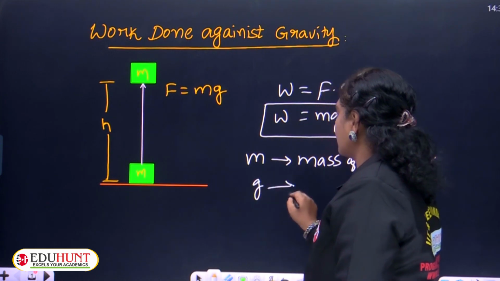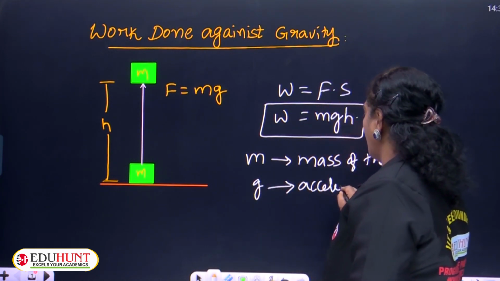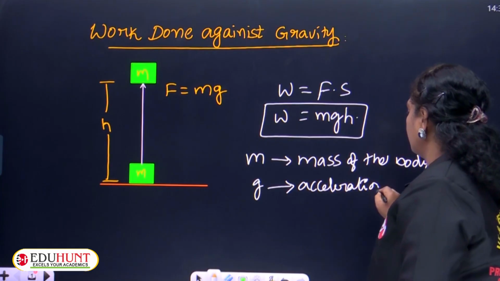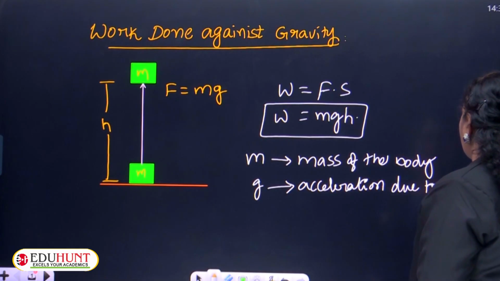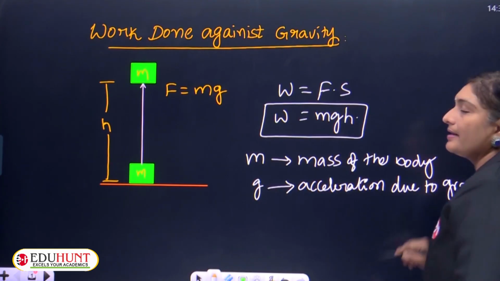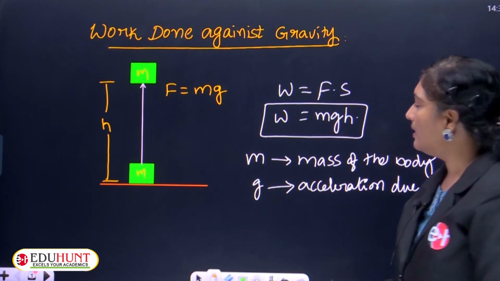g is the acceleration due to gravity on the surface of the earth. Its value on the surface of the earth is generally taken as 9.8 meter per second square.